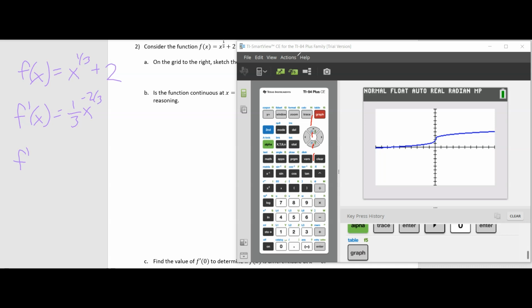And if we write that with positive exponents and a radical, I'm going to get 1/3 times the cubed root of x squared. Now, if I substitute in 0 for x, I'm going to get 1/0, which is undefined. So when we actually show the work for finding the derivative, we know that the derivative is not defined at x equals 0.